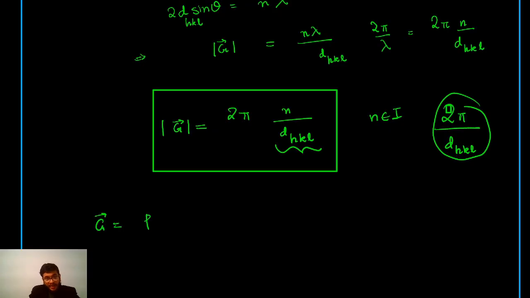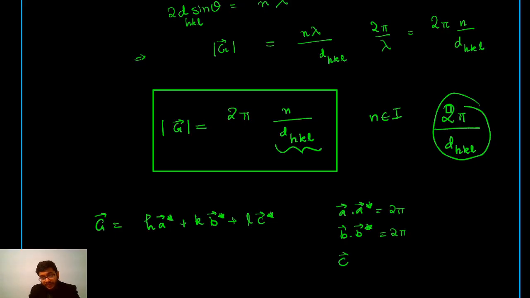G is h A star plus k B star plus l C star, right? And what we know is that A dot A star equals 2 pi, B dot B star equals 2 pi, C dot C star equals 2 pi.